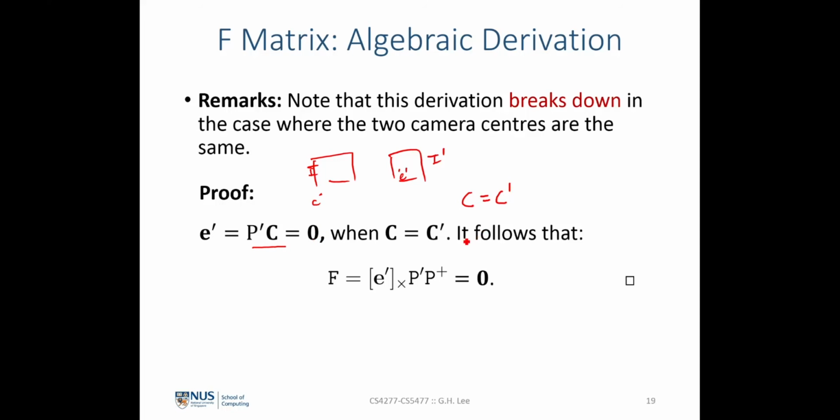It follows that if we plug it into the equation that we derived earlier for the fundamental matrix, since the skew symmetric matrix is defined based on E prime, which is equal to P prime multiplied by C, and in this case where C equals C prime this simply equals 0, the whole equation will simply vanish and become 0. This proves that the algebraic derivation breaks down when the two camera centers are the same.